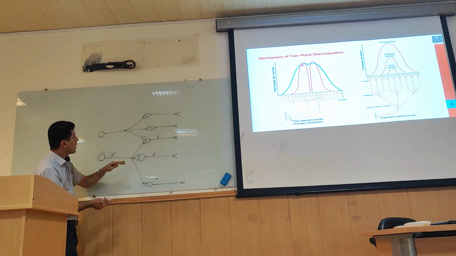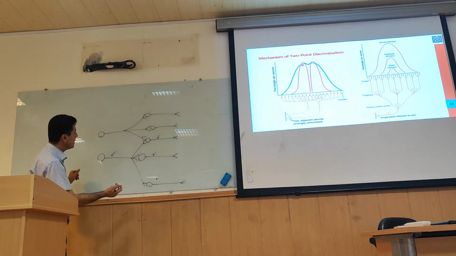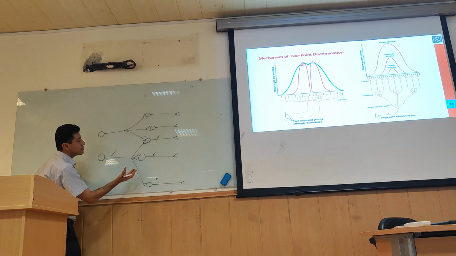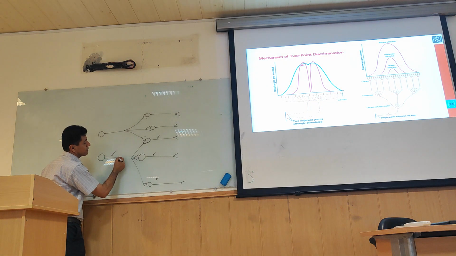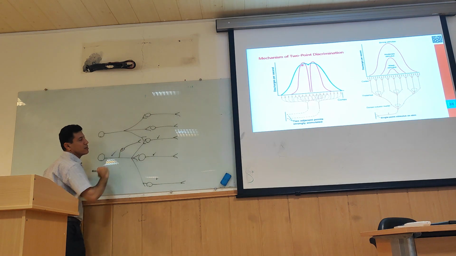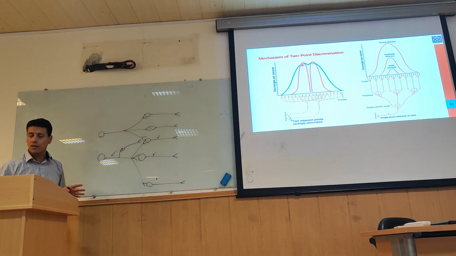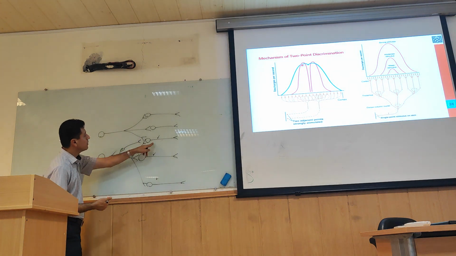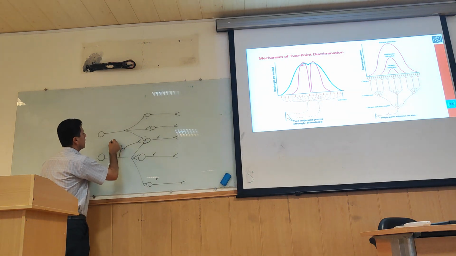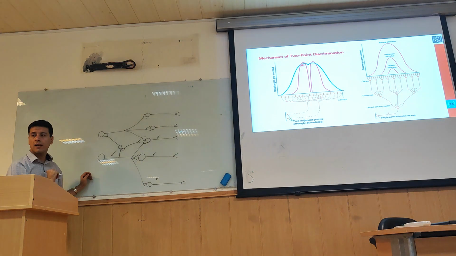But lateral inhibition means that neurons that are more active send some interneurons to inhibit nearby neurons. So this interneuron inhibits this one and also inhibits this one.